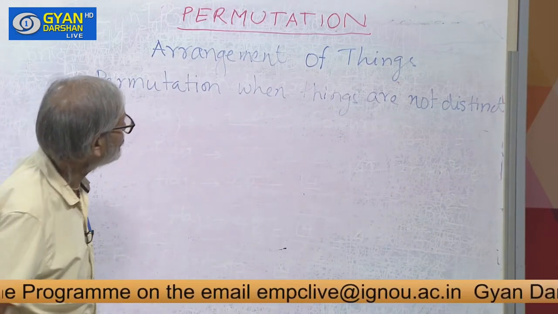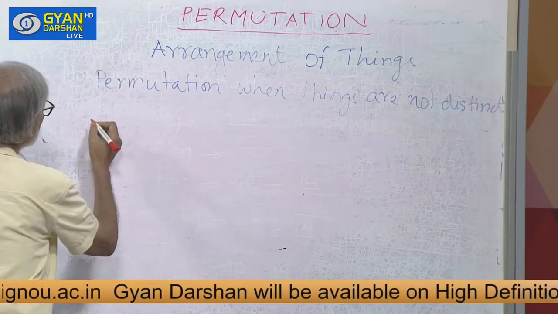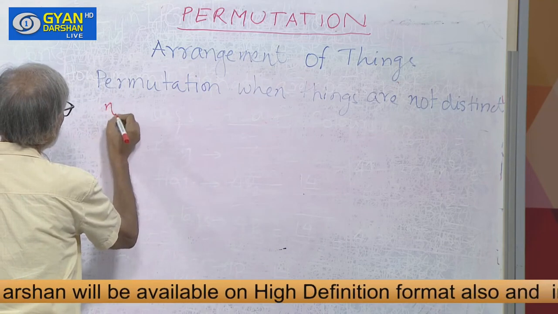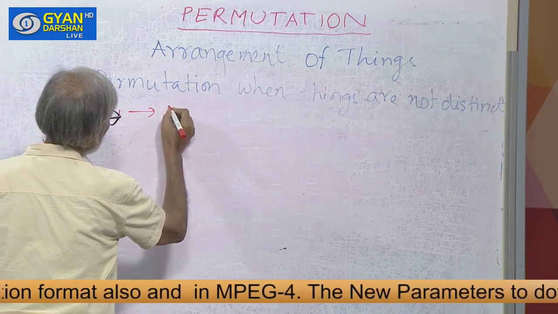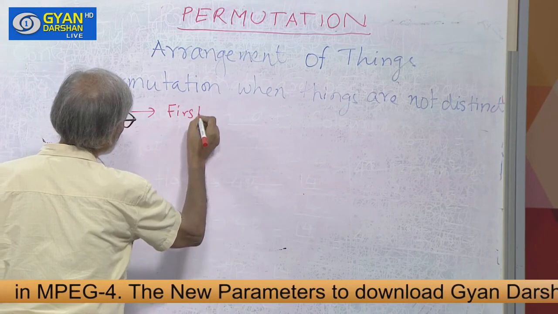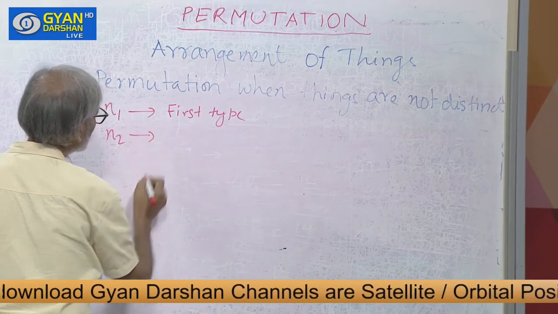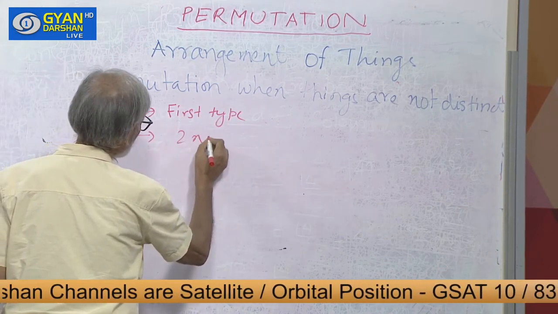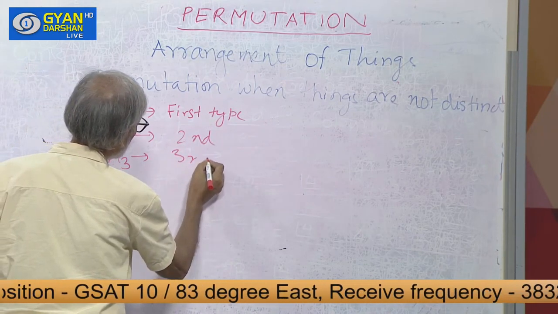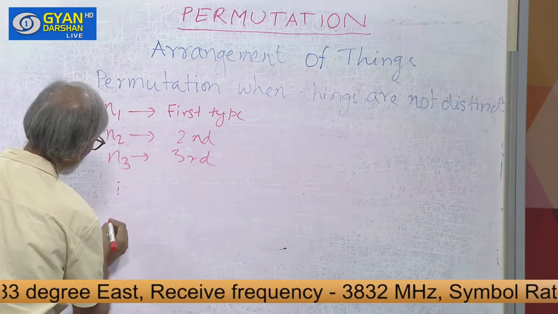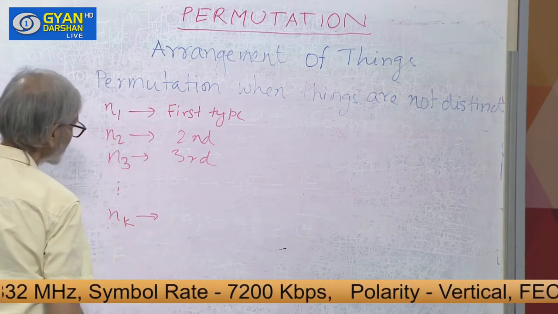Say there are n1 things of, say, first type, n2 things are second type, n3 things are third type, and similarly nk things of kth type.